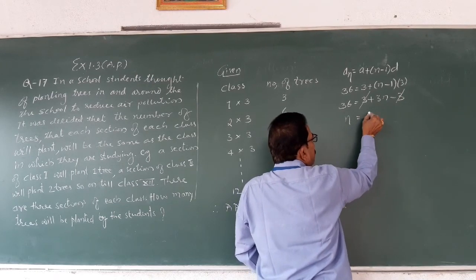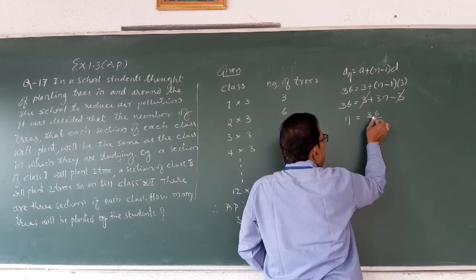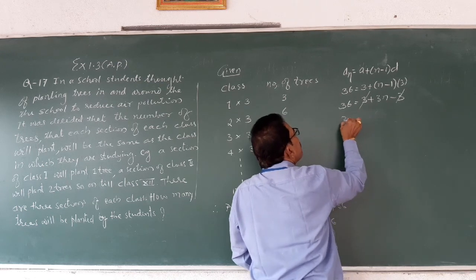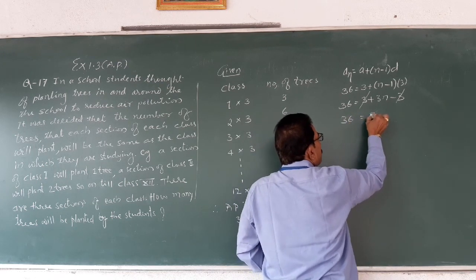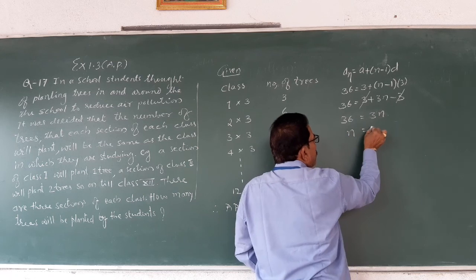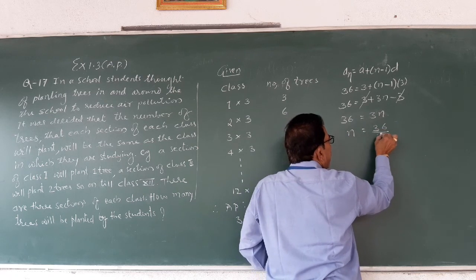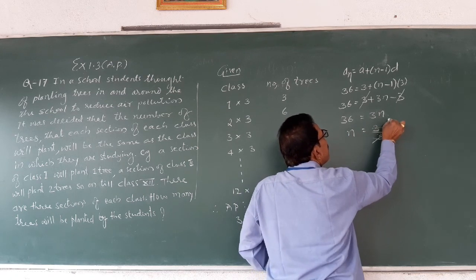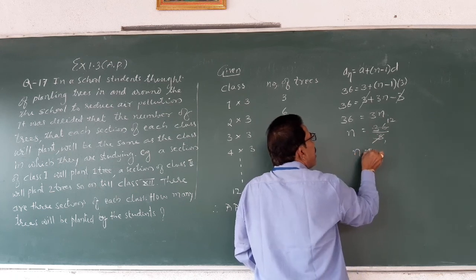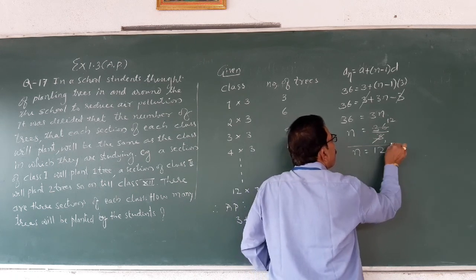Let us take one more step. 36 equals 3n, so n equals 36 divided by 3. 3 twelves are 36. So n equals 12.